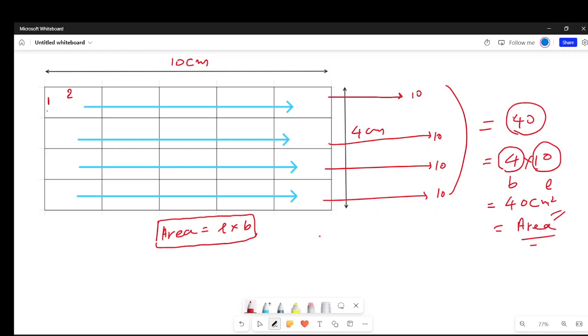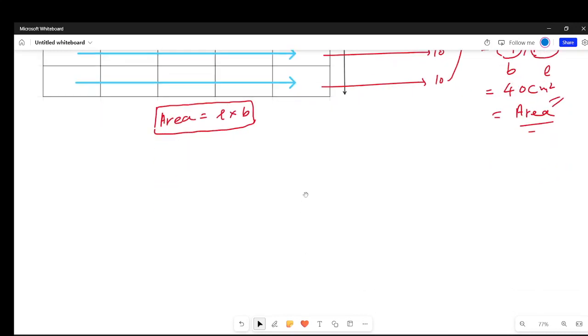Now, with the help of this, how can I find out the area of a given shape? Suppose we draw a figure such that this figure is available here.